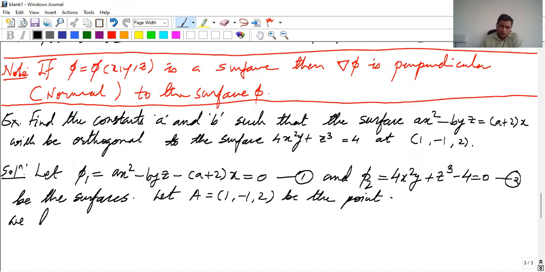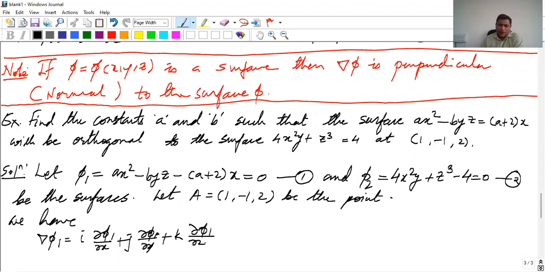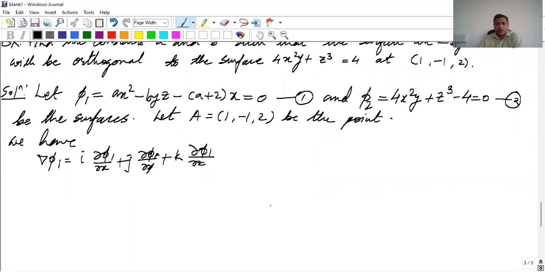So we have del phi 1 is equal to i del phi 1 by del x plus j del phi 1 by del y plus k del phi 1 by del z. Now let us find these derivatives. We'll have i into the derivative of this term with respect to x, so it is 2ax minus a plus 2. Are you getting this? Yes, sir.